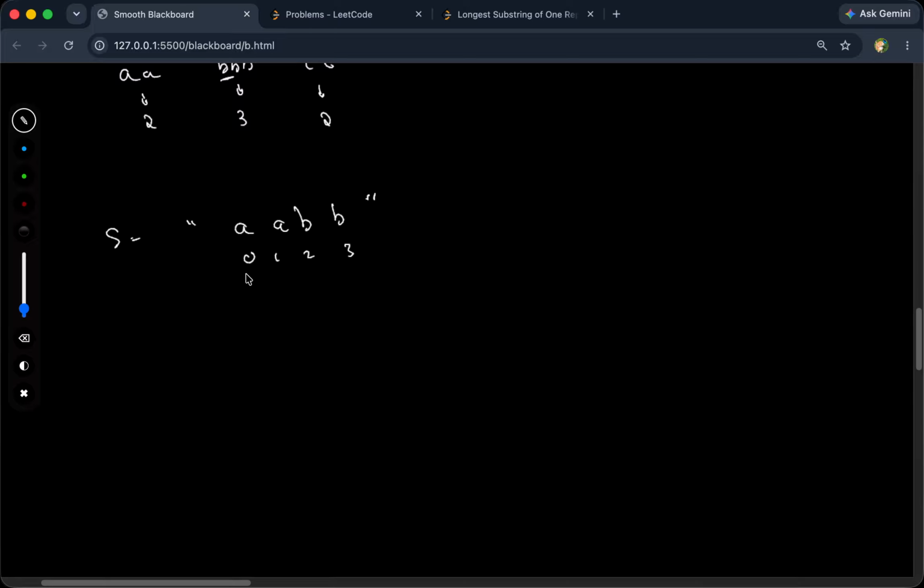Instead of looking at the whole string at once, we divide it into two parts: A and B B. A segment tree keeps dividing the string into smaller ranges until a range contains just one element.